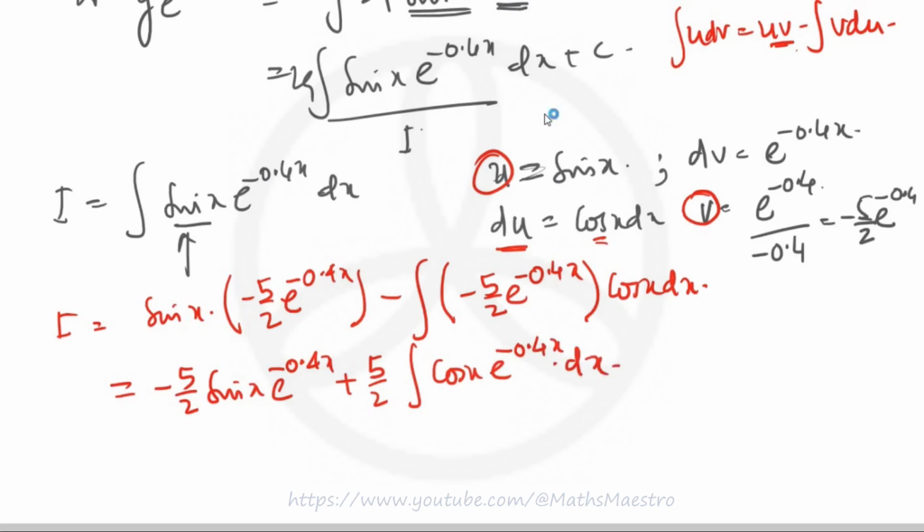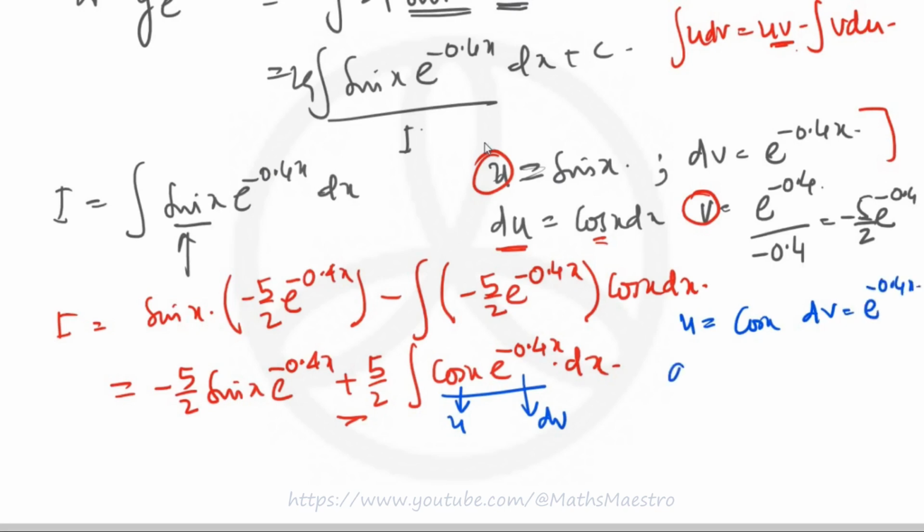Now again we apply this one here. I'll pick up a different color for you to understand better. Now I will assume u as this and dv as this. The u we have is cos x, and dv we have is e to the power minus 0.4x.